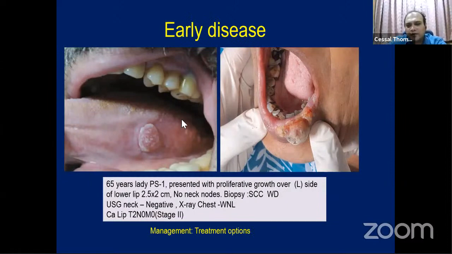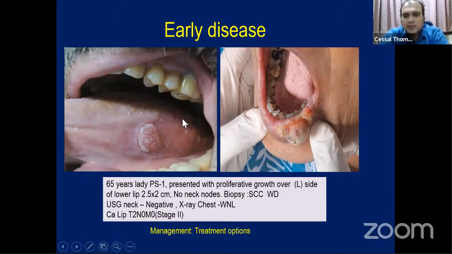I'm coming from Kerala, a state with 100% literacy. But in Kerala, a substantial number of oral cancers present as advanced disease. We come across 30 to 40% as early disease, but 50 to 60% as advanced disease, stage 3 and stage 4.